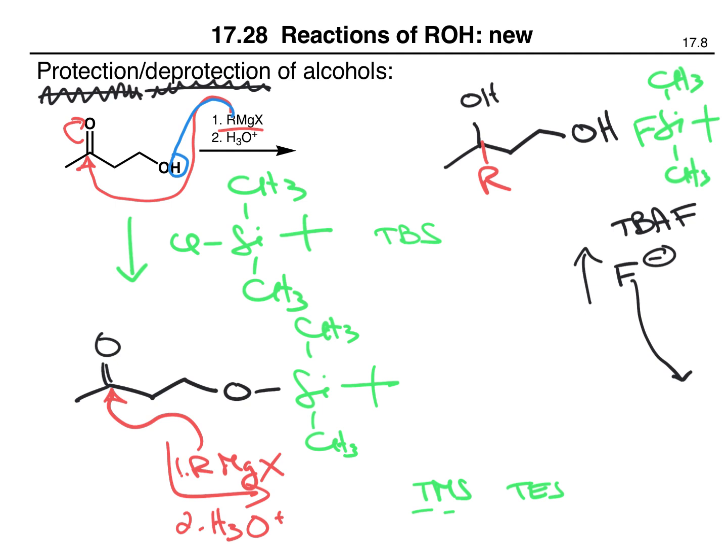So reaction of alcohols to form esters, that is something that we're going to be looking at later on this semester. As far as protection and deprotection goes, I just wanted you to be aware of that as part of the process of multi-step organic synthesis.